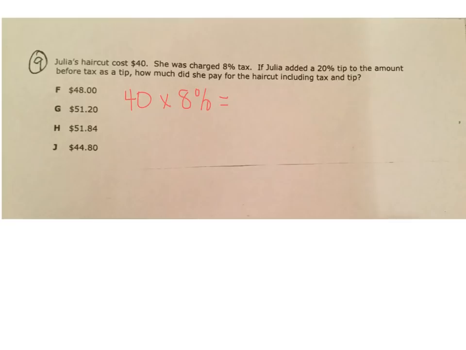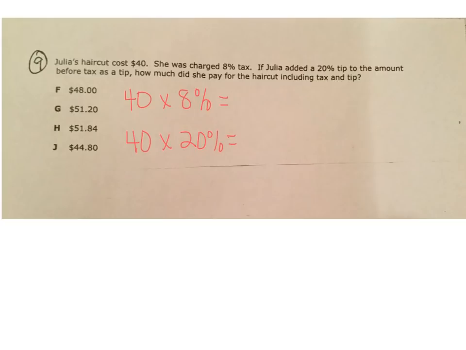Okay, then she added a 20% tip. All right, so again, the haircut was $40, and then the tip was 20%. Okay, so then we're going to find the percents of both of these, and then you have to add that on at the end.